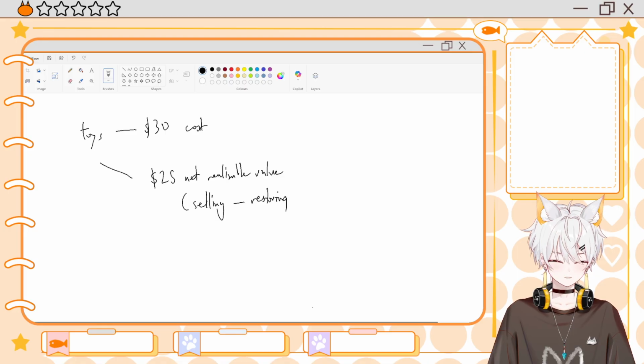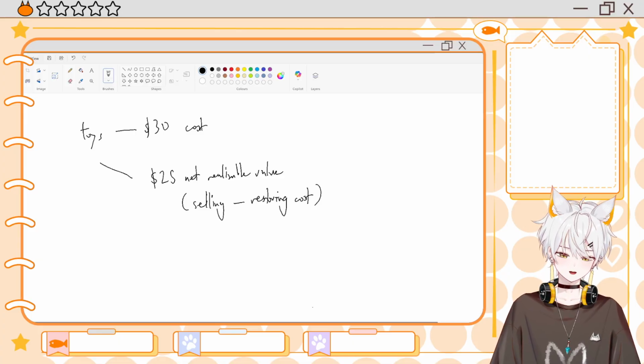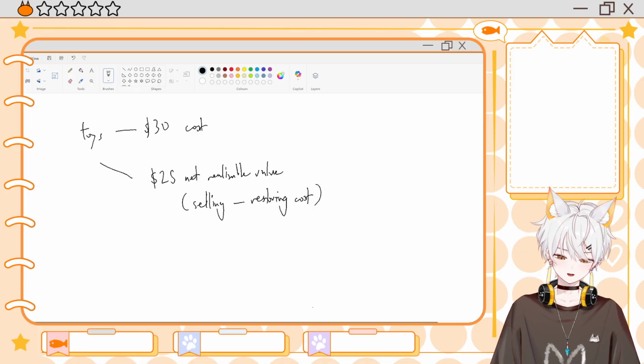The money you spend to try to make it more sellable, you deduct from the selling price. That's the net realizable value. If it's lower, that means you made a loss of $5, basically.